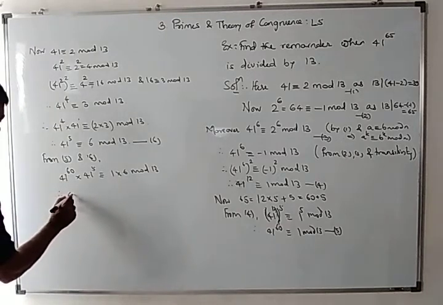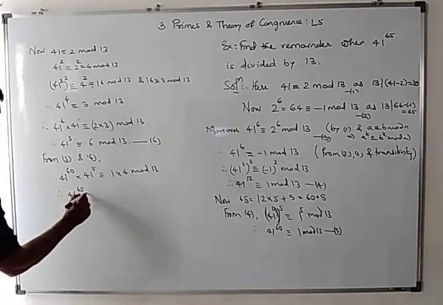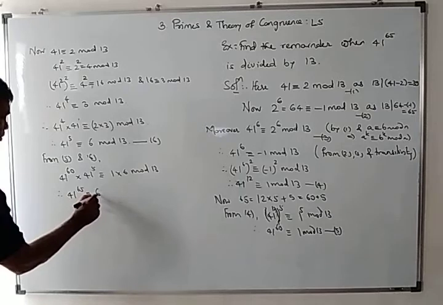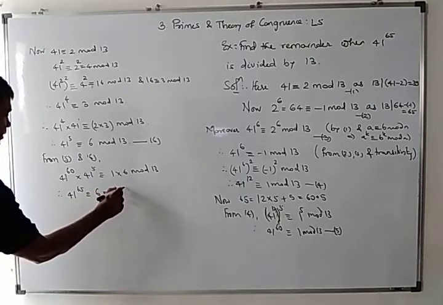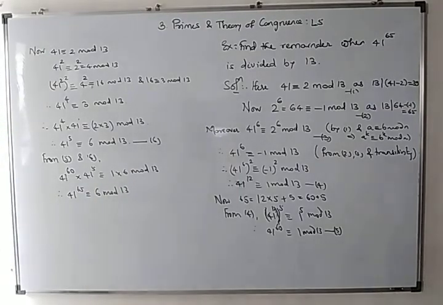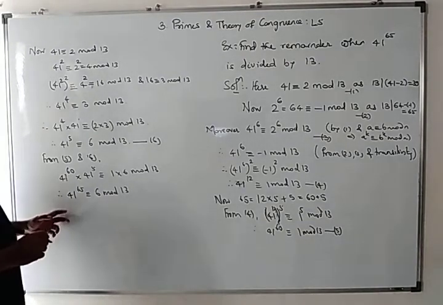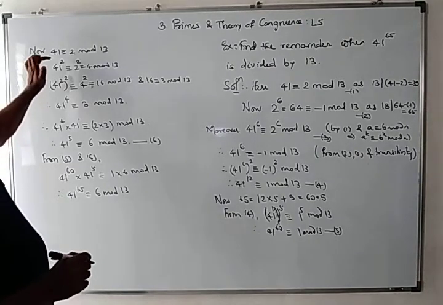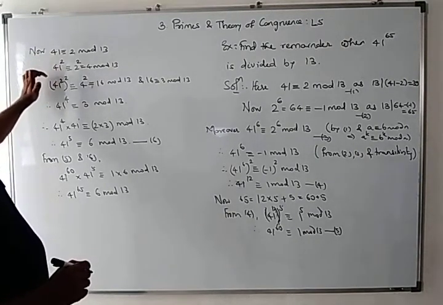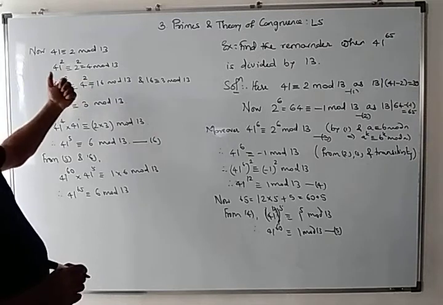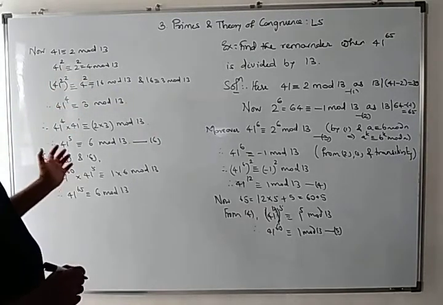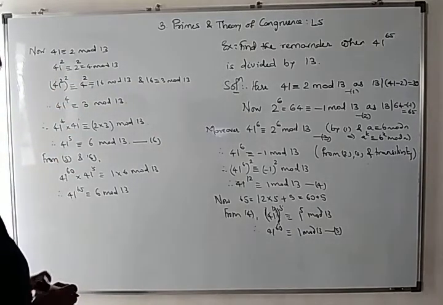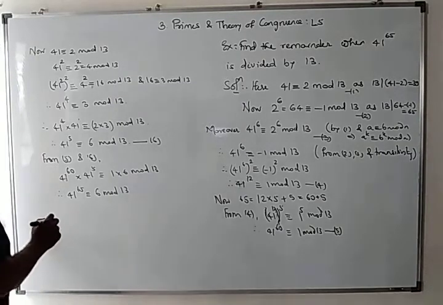Therefore, 41 raised to 65 is congruent to 6 mod 13. So here we are using the property: A is congruent to B mod n, C is congruent to D mod n, then AC is congruent to BD mod n. We are using that property. Okay.